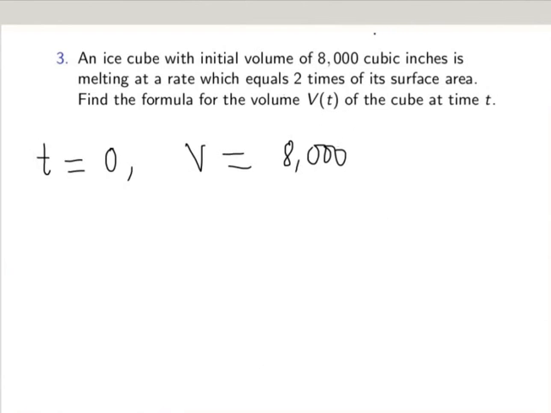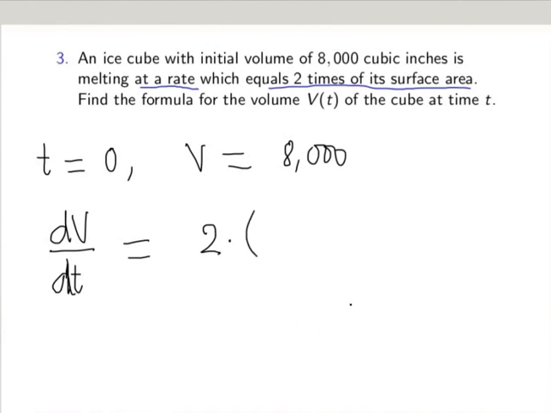The differential equation comes from the following sentence: the ice cube is melting at a rate which equals 2 times the surface area. Rate means derivative. We have dV/dt equal to 2 times the surface area.